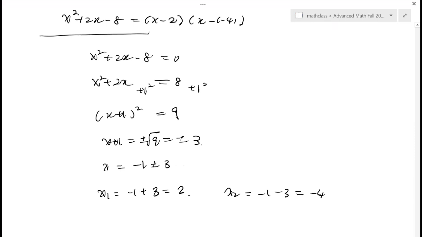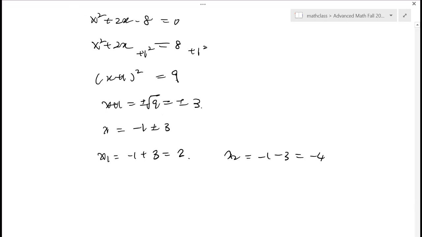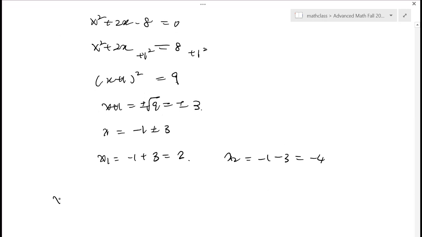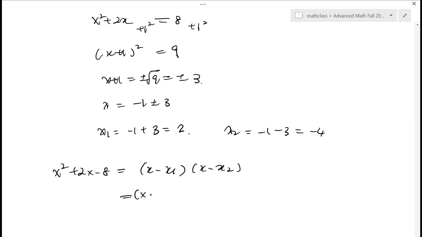Once you get the two roots, you can express it as the product of two factors. So x squared plus 2x minus 8 is going to be x minus x1, x minus x2. So we get exactly the same answer, right?